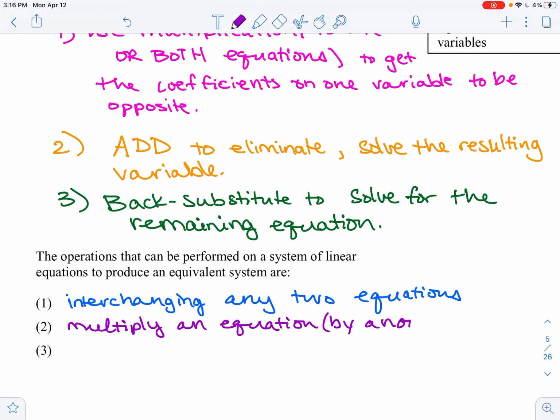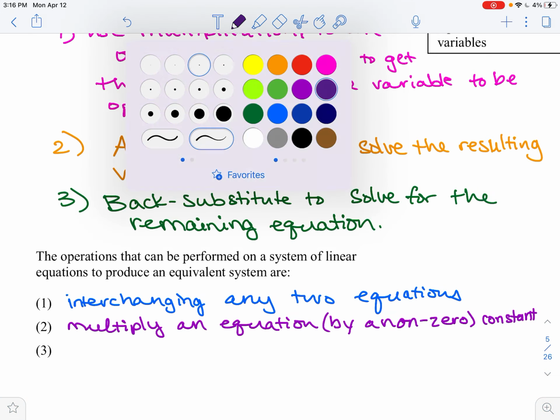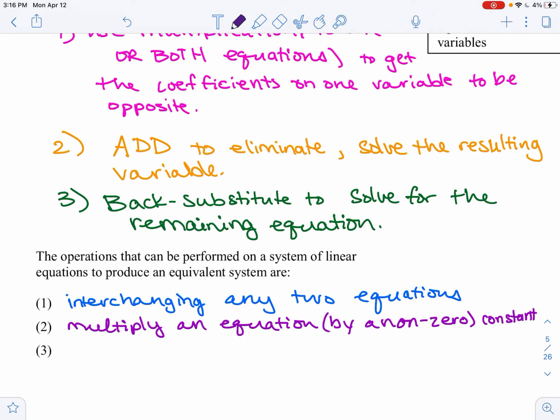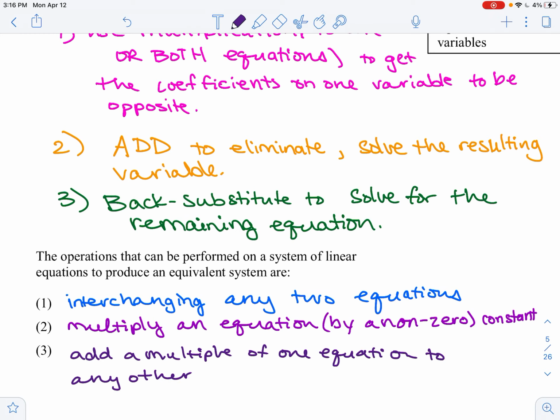So you cannot multiply by 0, but you can multiply by any other real number. We can't multiply by a variable. And then lastly, we can add a multiple of one equation, aka multiplying, to any other equation of the system.